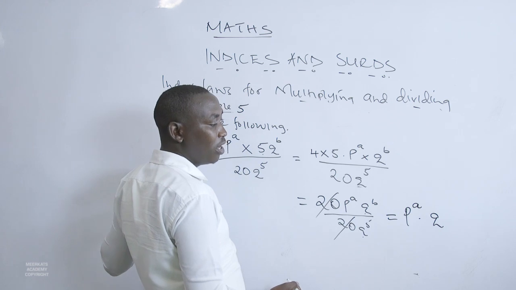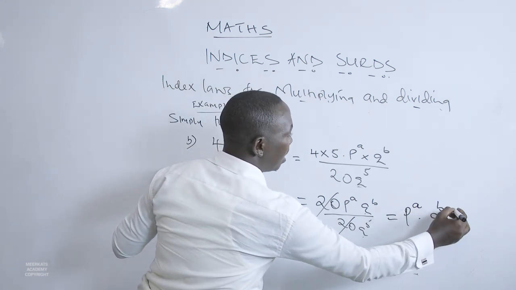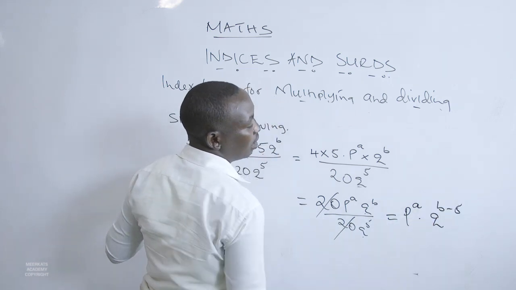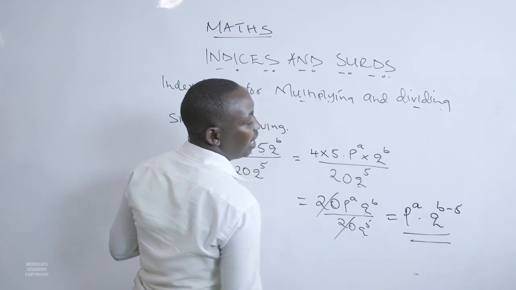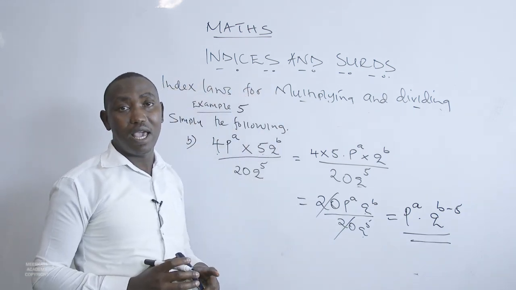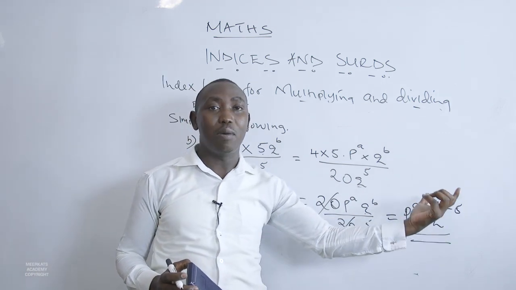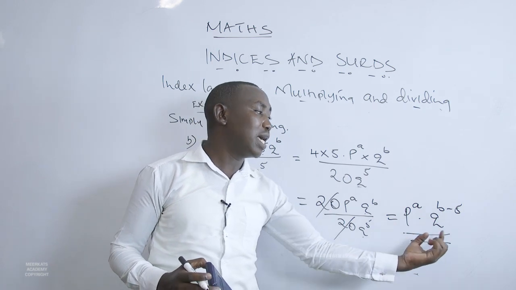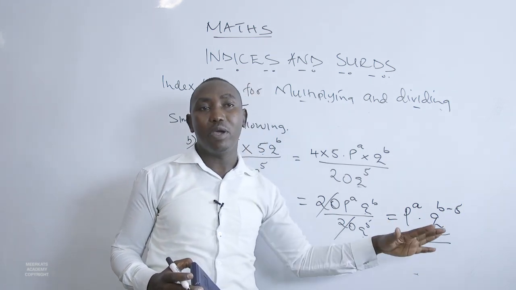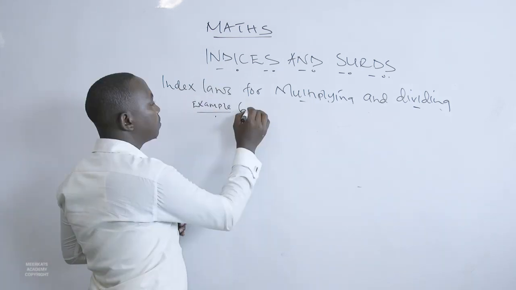We subtract the powers because the bases are the same. So this shall be Q raised to B subtract 5. And this will be our simplified expression. We leave it at that because you cannot subtract 5 from a variable B. And again, we cannot add the powers of P and Q because P and Q are not the same factors.